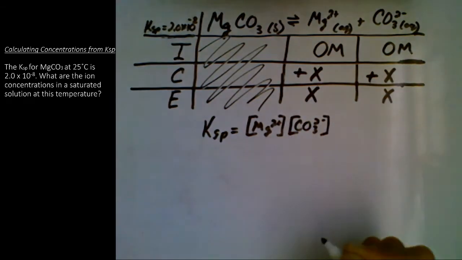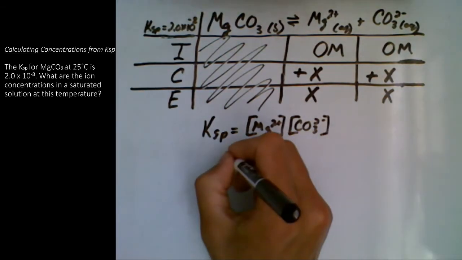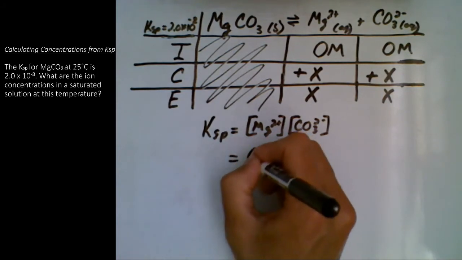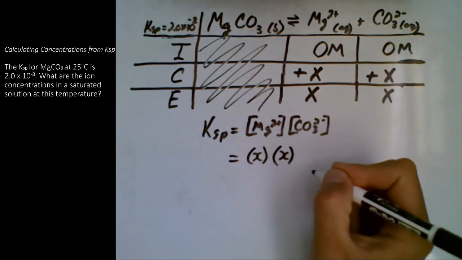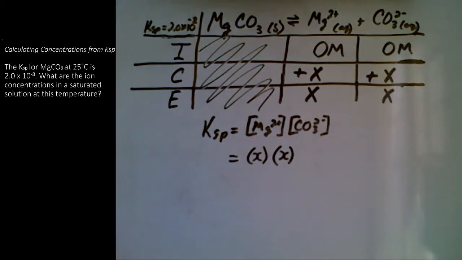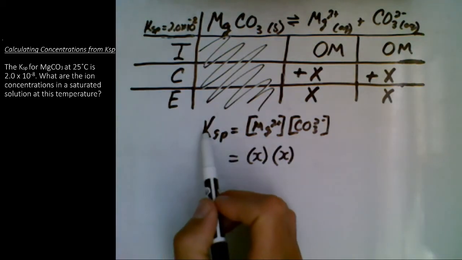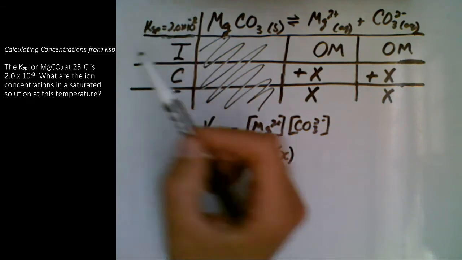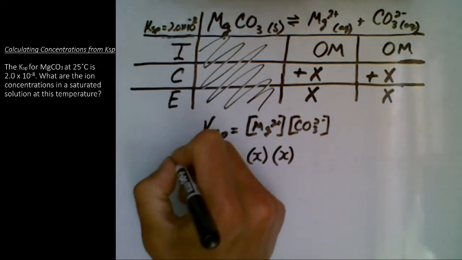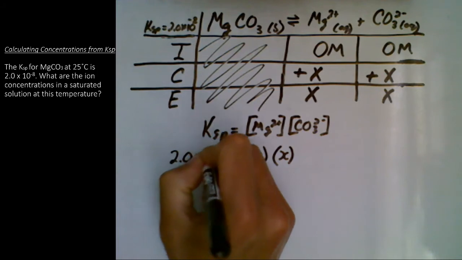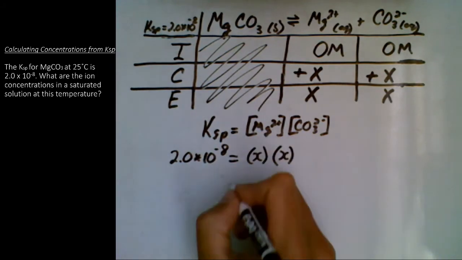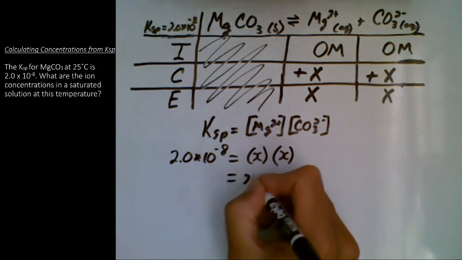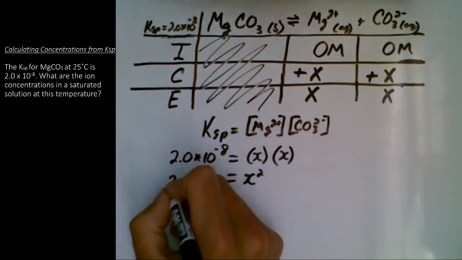Now in this case, the concentration of magnesium is just x. The concentration of carbonate is just x. And the only other thing we need to know is the Ksp, which was given to us in the initial question. It's 2.0 times 10 to the minus 8. Now x times x is the same as writing x squared.